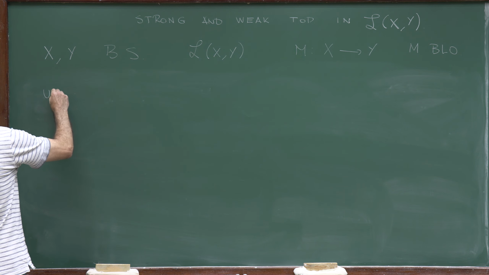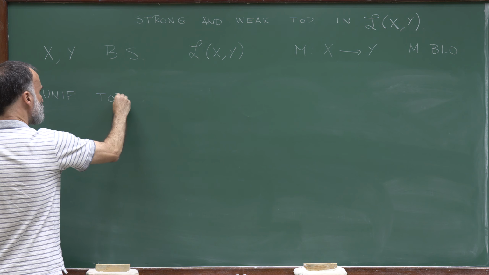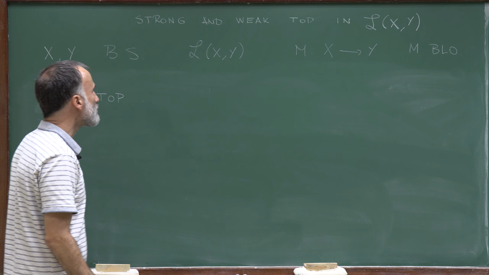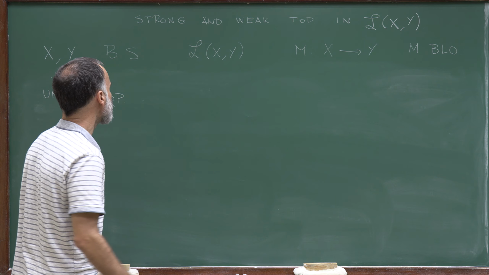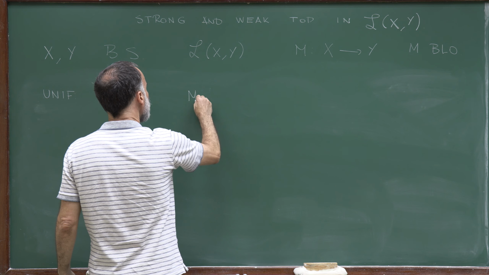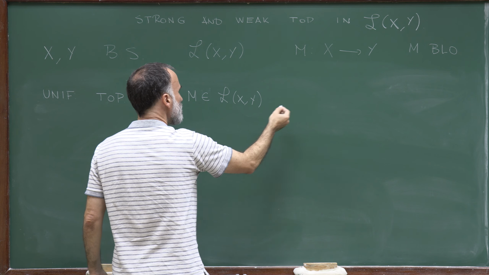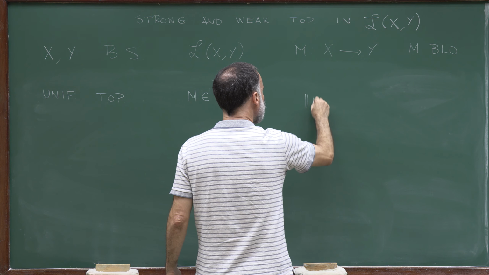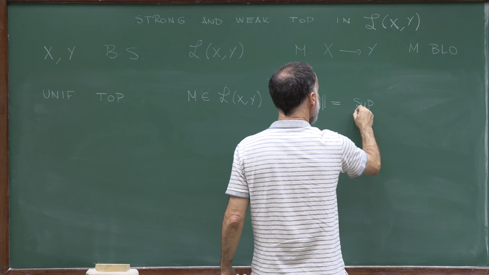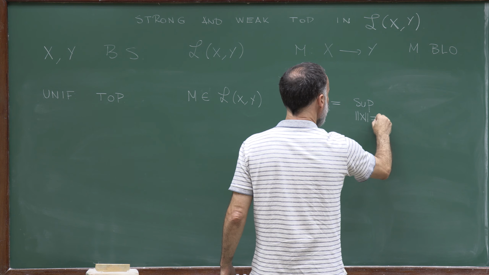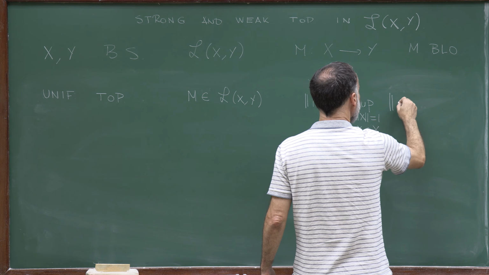So the first one is called the uniform topology. The uniform topology is the one associated to the norm which we defined in L(X,Y). So remember, if M is an element of L(X,Y), we defined a norm of M, which is the supremum over all points x in X with norm equal to 1 of the norm of Mx.